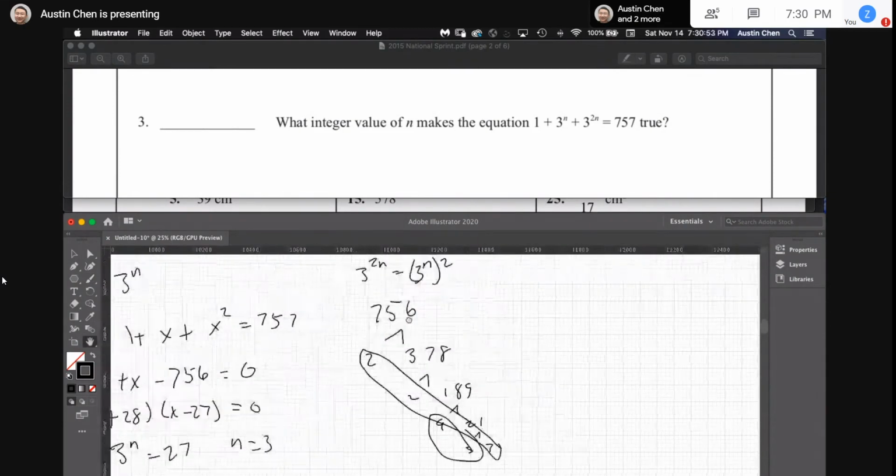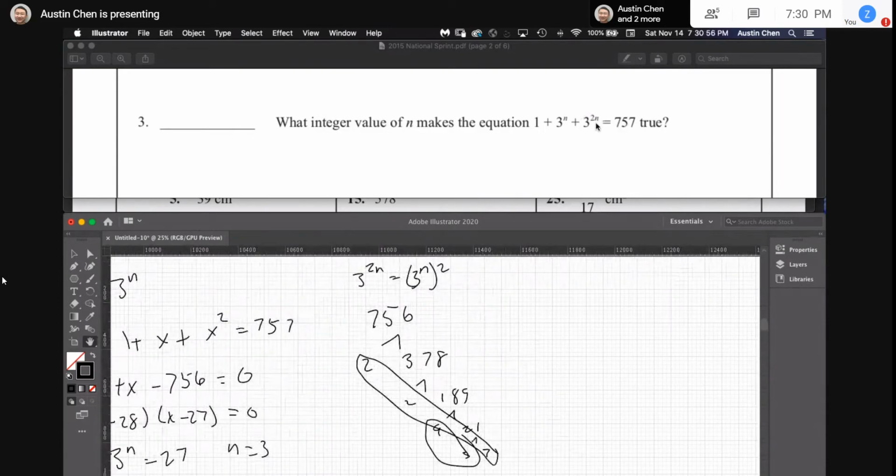But yeah, if you put in 5, 3 to the 10 is already ginormous, right? That's like 240 something squared. So that's really big. So really you only have to test 2, 3, and 4.